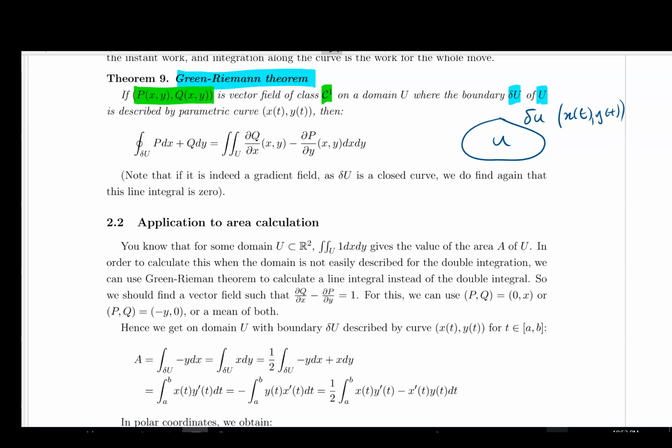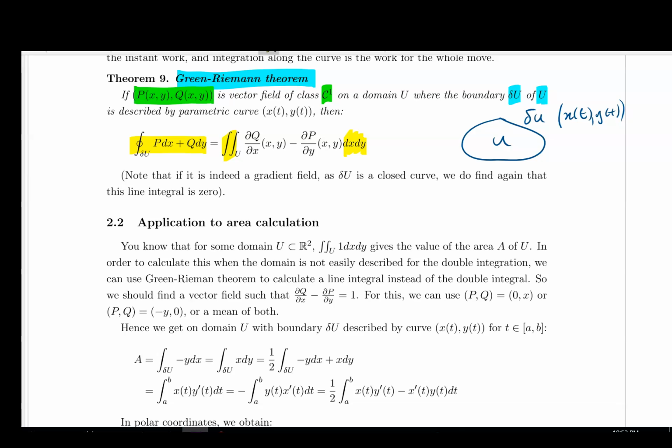So the theorem tells you the following thing: the line integral, the usual one, on the boundary of U, so delta U, P dx plus Q dy is going to be equal to the double integral dx dy of the following thing: dQ over dx minus dP over dy.